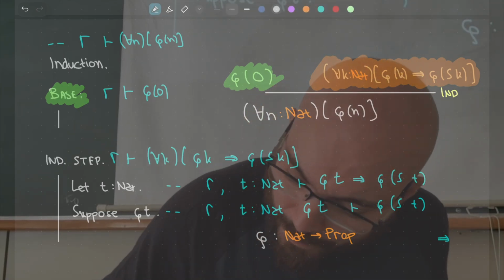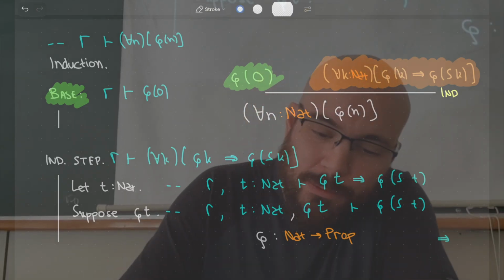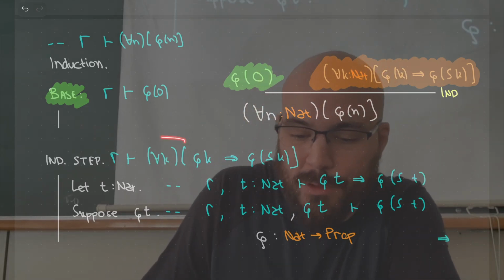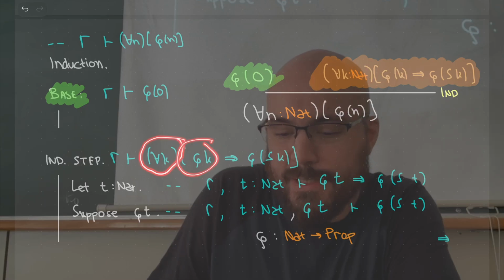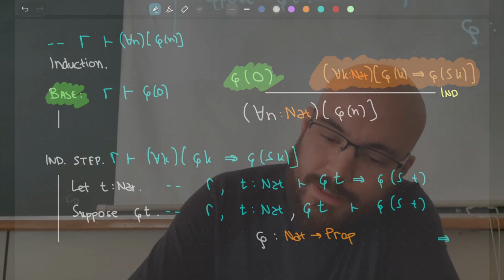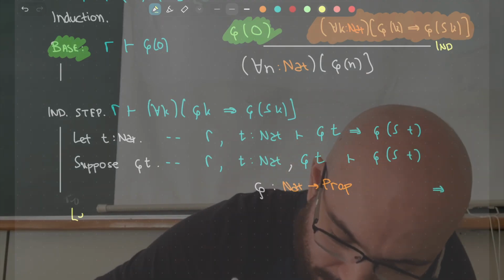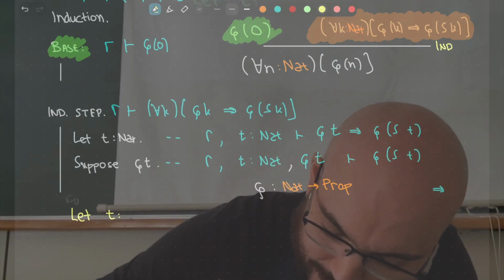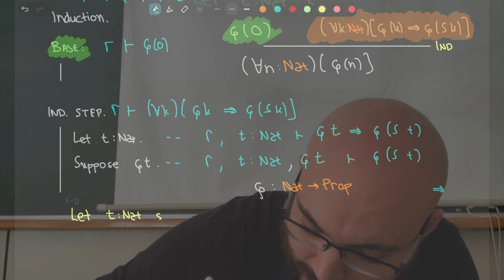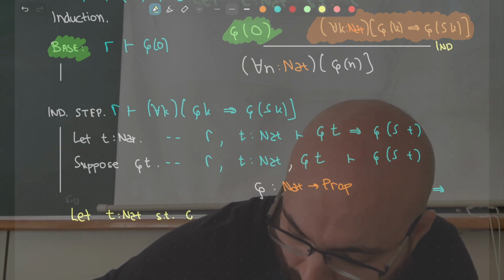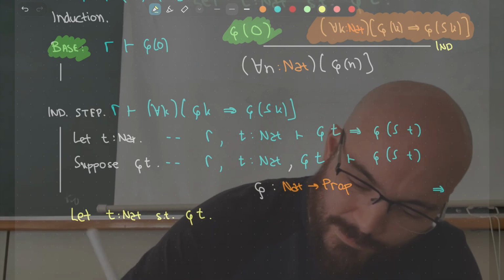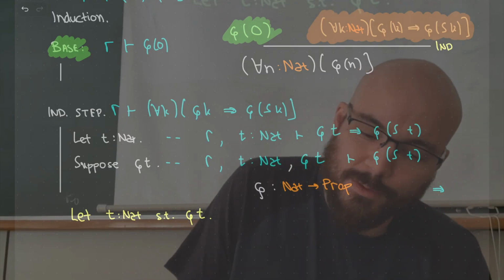So, a lot of times, what we want to prove has this form. For all something, if this, then that. Let's not write these as separate lines. Let's introduce this syntactic sugar. I should be able to write let t nat such that phi of t. So this is just a shortcut for these two lines.